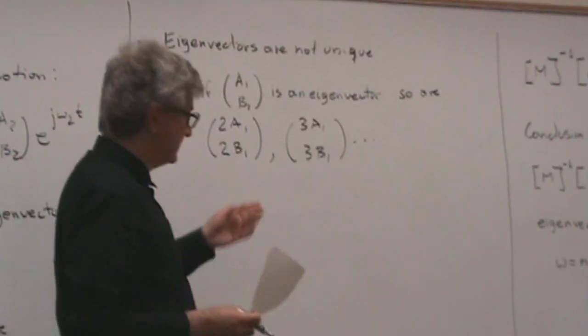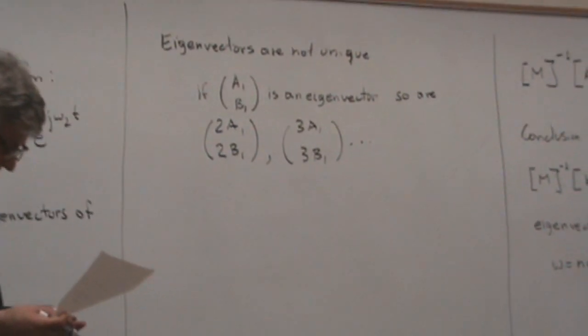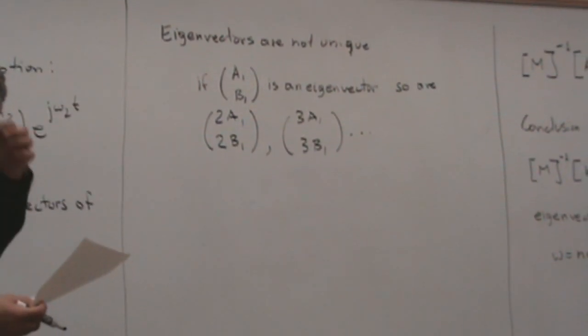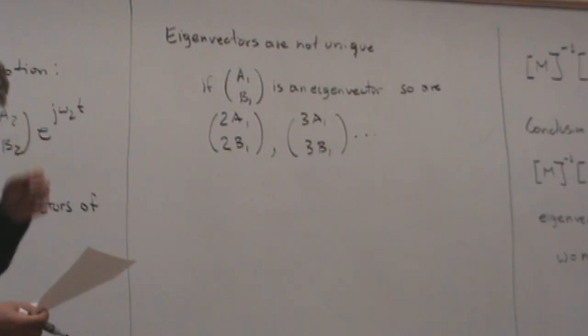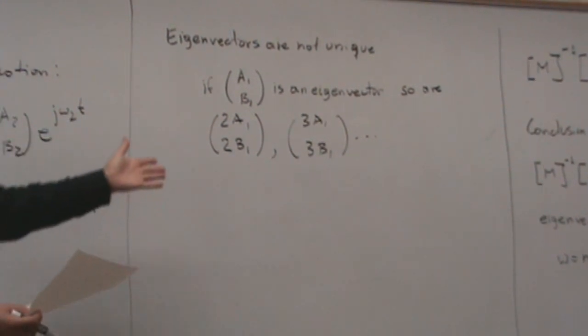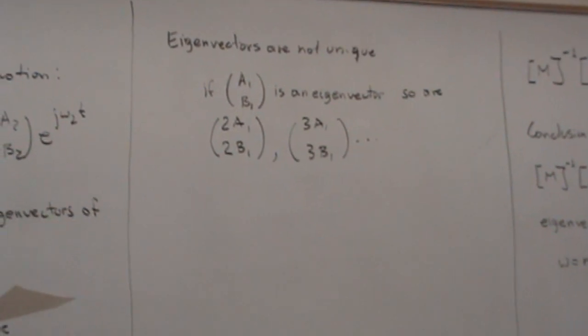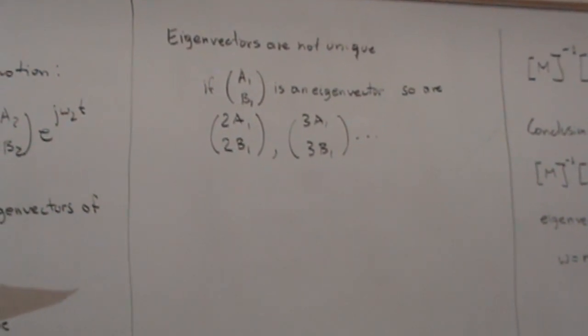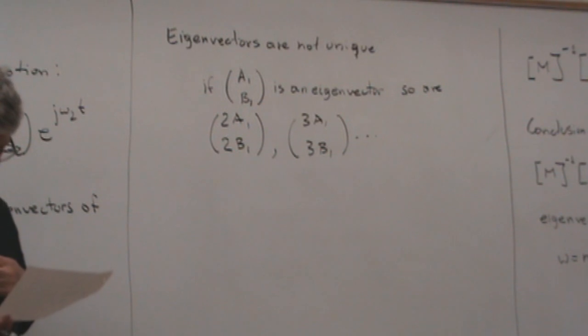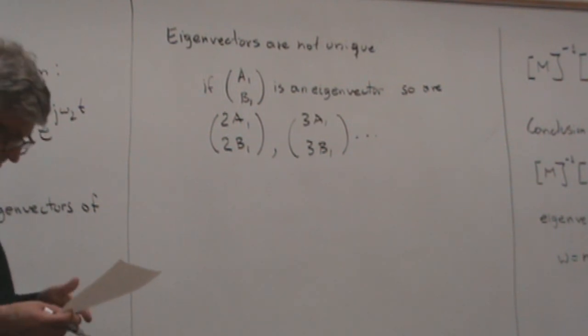Okay, so you can define the eigenvector only up to a constant. Now, in order to have uniqueness in this course, we'll consider that the first element is 1, okay?